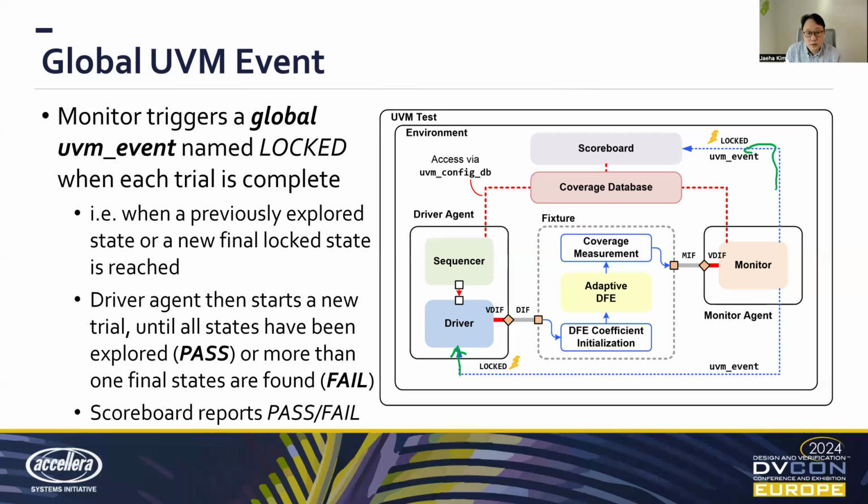For that, we use a global UVM event named locked that's shared through a UVM event pool. The monitor signals the driver with this locked event when the DFE adaptation loop reaches a state that has been previously explored, or it has reached a final lock state.